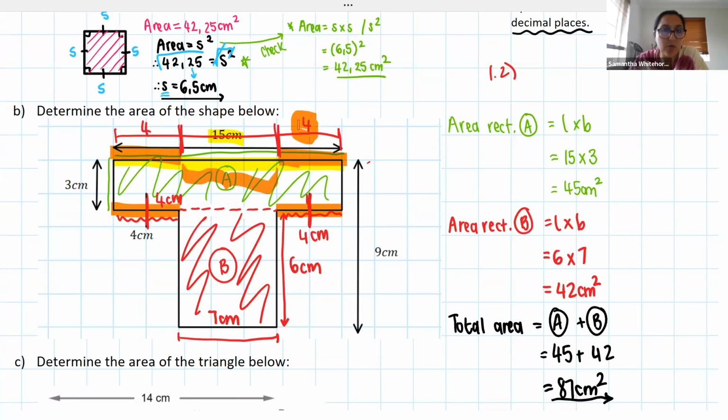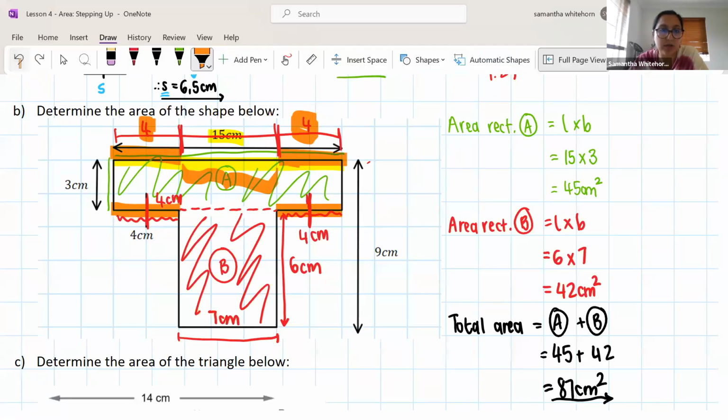We've got 4 plus 4, which is 8, and I need to make up 15 centimeters. 15 minus the 4 on the right-hand side minus the 4 on the left-hand side gives me the 7 centimeters at the bottom. So it's through a process of subtraction that we're able to get the 7 centimeters for the bottom width.